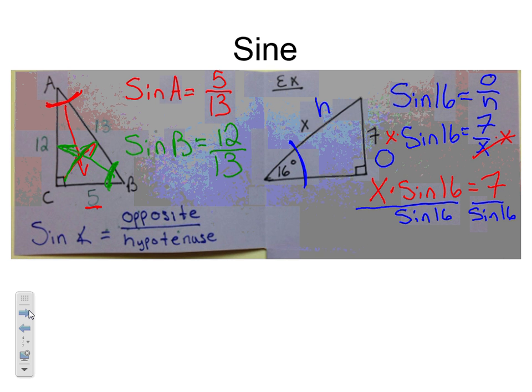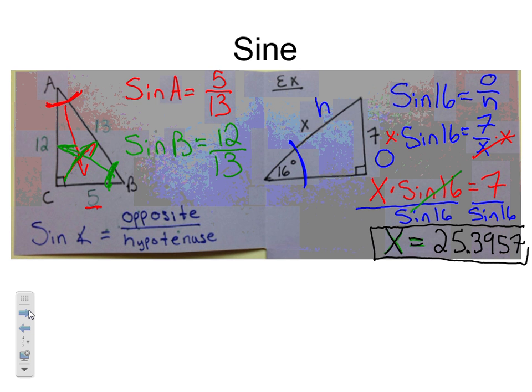When we do this, these cancel, and x is going to equal 25.3957.